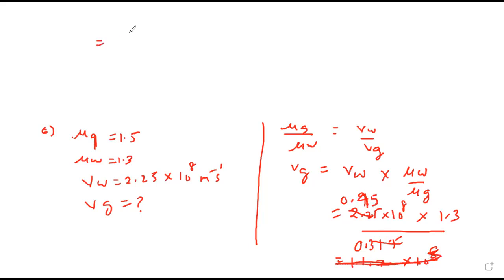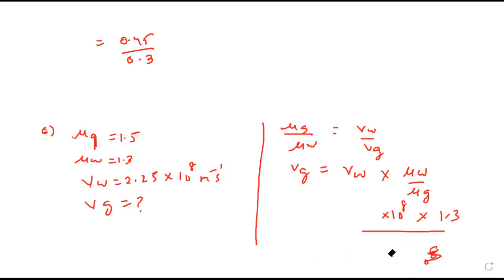That will be now 0.15. 0.45 upon 0.3. 15 into 15 is 2.25 upon 1.5. 1.5 into 1.5. 13 into 5 is 65.